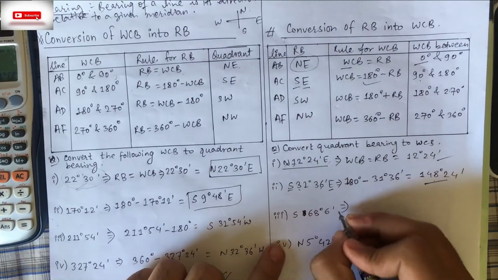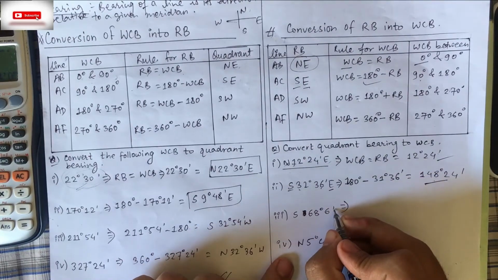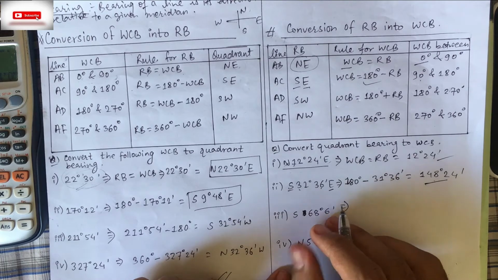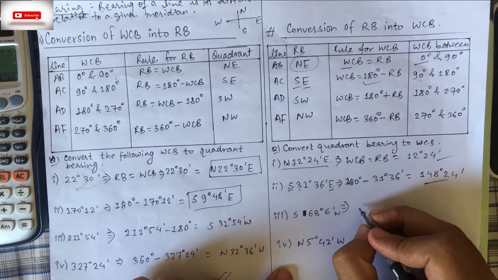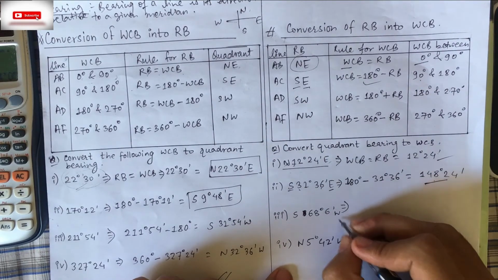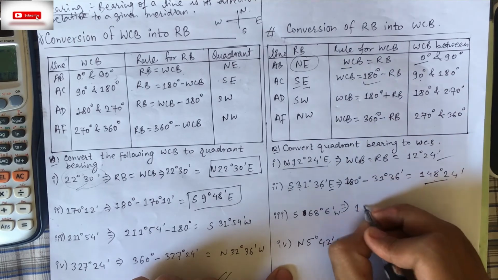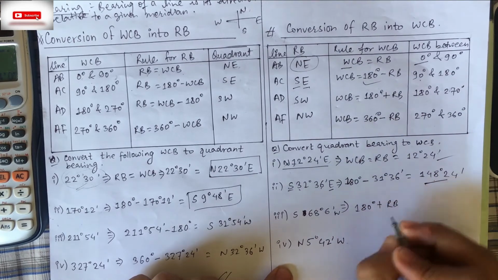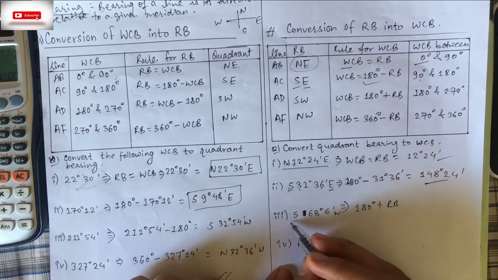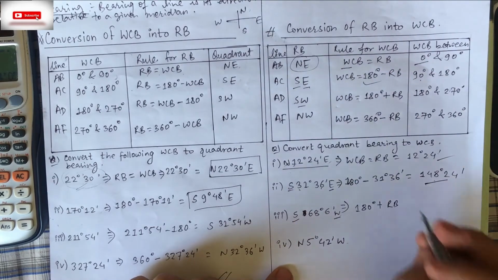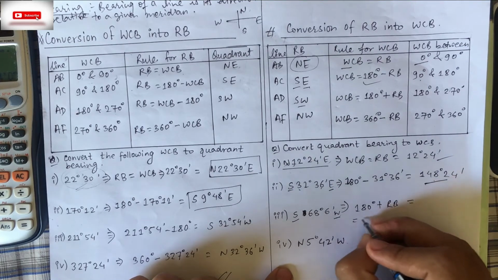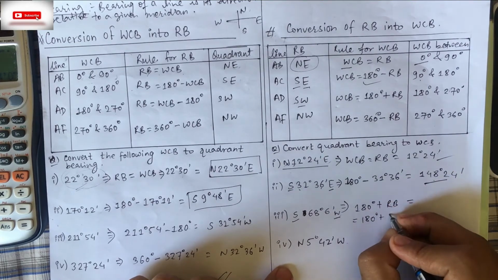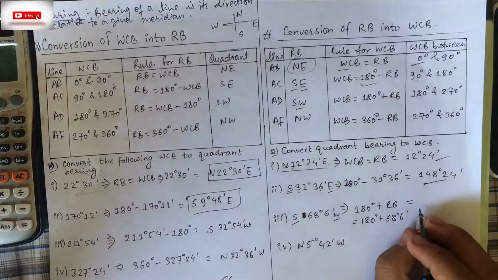Now the third one, south 68 degree 6 minute west. For this we'll use the formula 180 degree plus RB. Why are we using this formula? Because it's in the southwest, so 180 degree plus RB. RB means that one, so 180 degree plus 68 degree 6 minute.